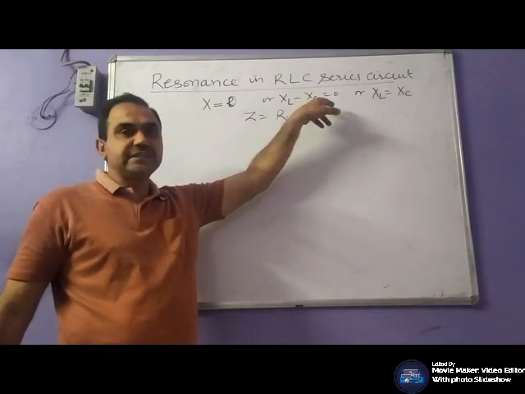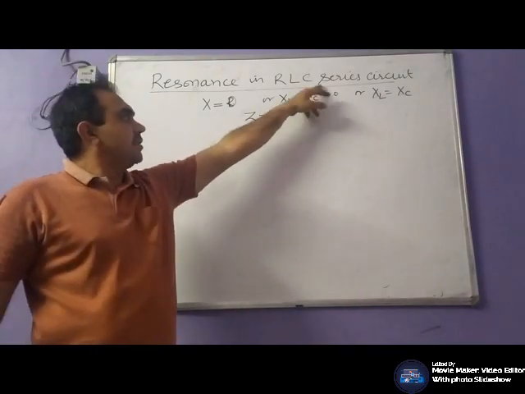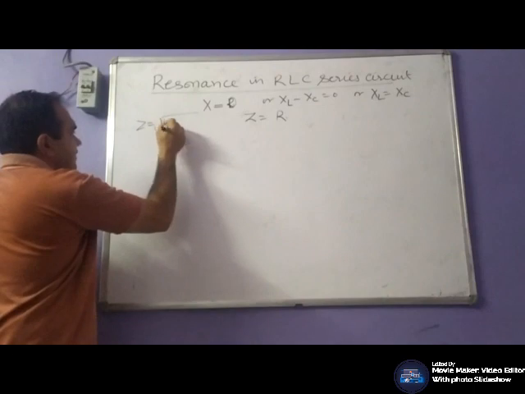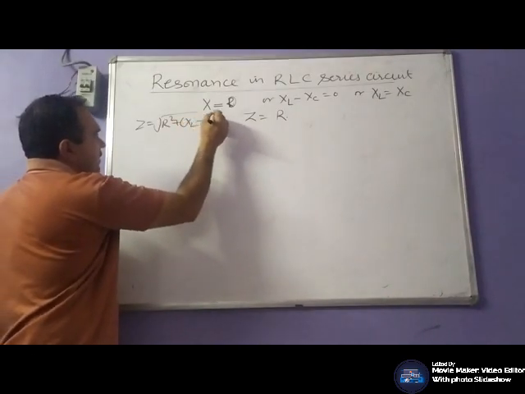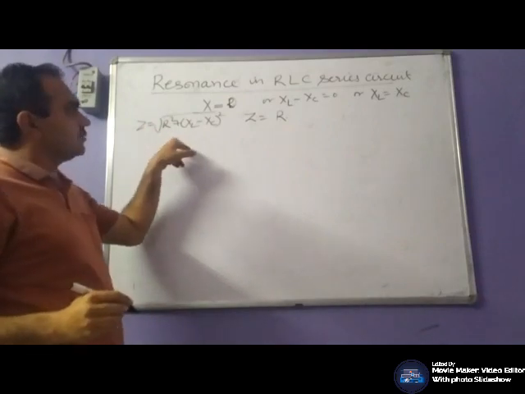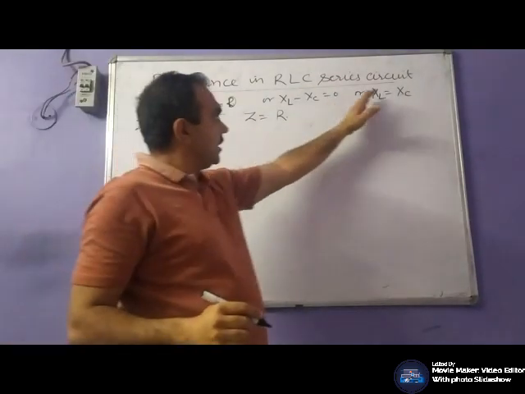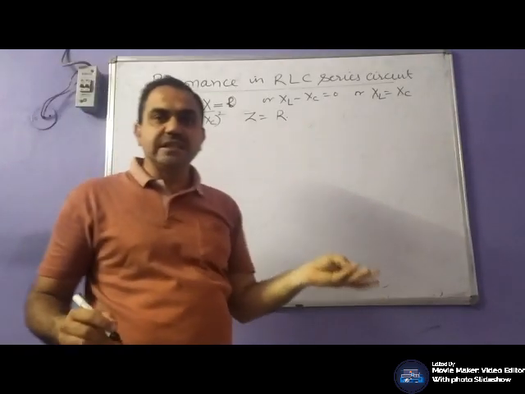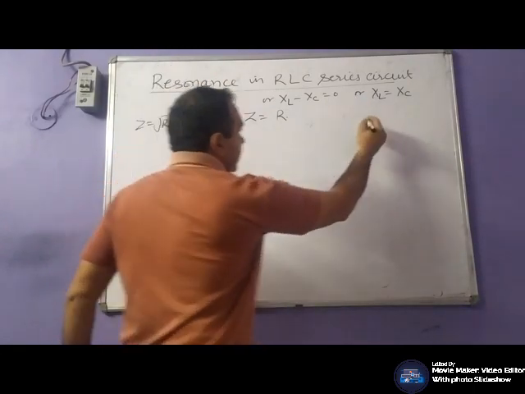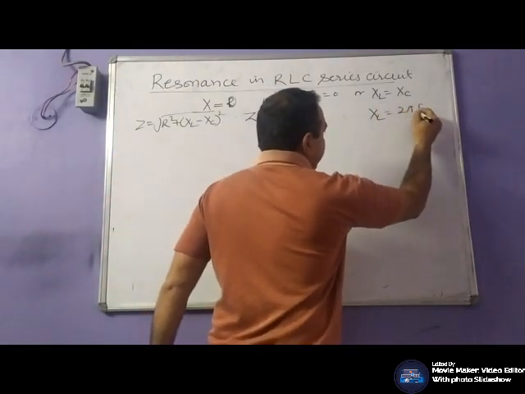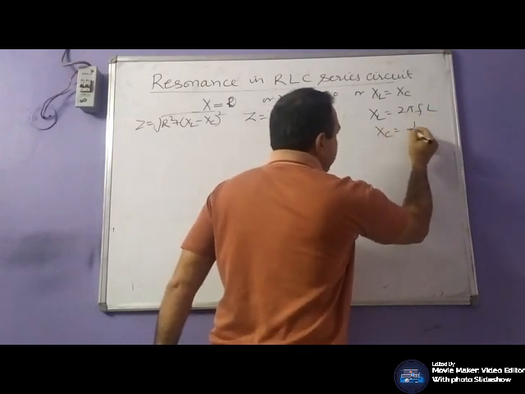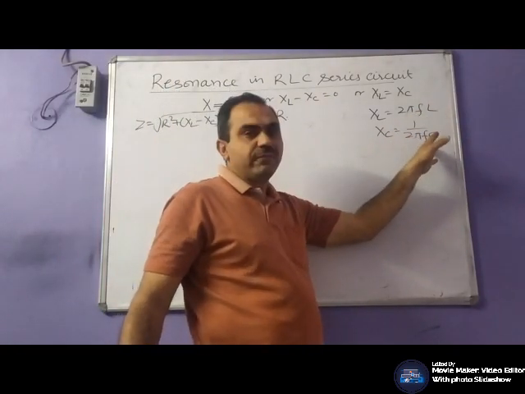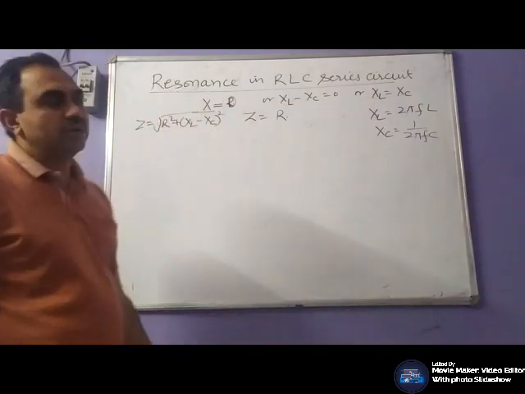When XL would be equal to XC, the reactive component of the circuit would be 0, hence your impedance, that is the square root of R square plus (XL minus XC) square, the Z would be equal to R. So the circuit can be put in resonance by varying the frequency, because your inductance is fixed, capacitance is fixed, but your XL is given by 2 pi f L and XC is 1 by 2 pi f C. So if we vary the frequency, at a certain frequency both would be equal.